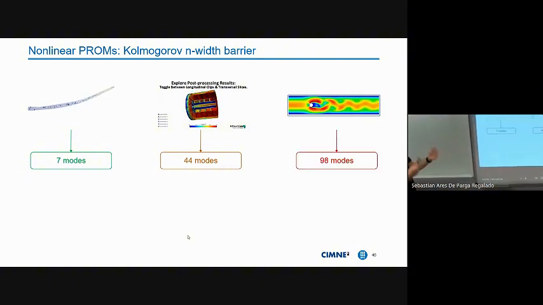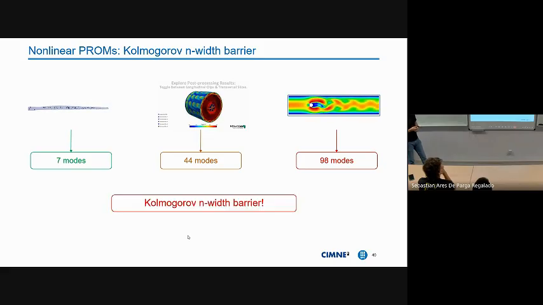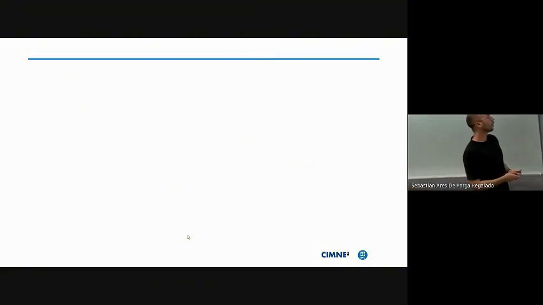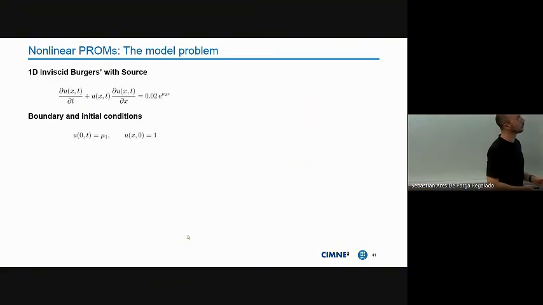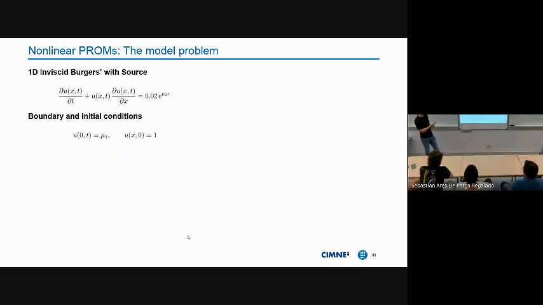If you go to more and more complicated spatial patterns, you will have to use more modes. This is the Kolmogorov n-width barrier: you will need more and more modes in order to reproduce this with linear POD. One very good example to see this barrier is Burgers' equation.